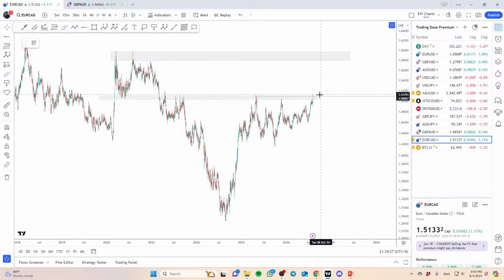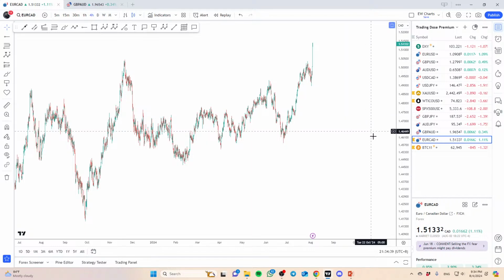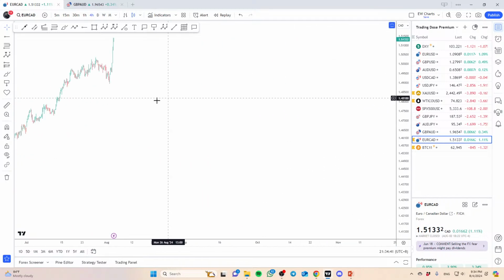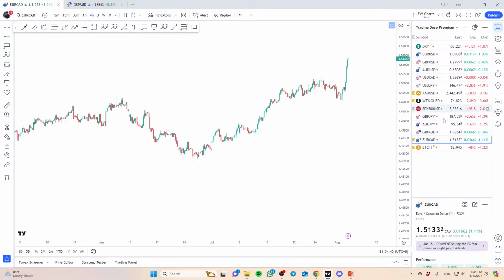If you can take it out with momentum and then a pullback occurs, that's your buy opportunity. So this probably needs to wait again. You need to give it time for the market to develop and prove to us what it wants to do. So this one here, I'll just keep it aside and see how things go.